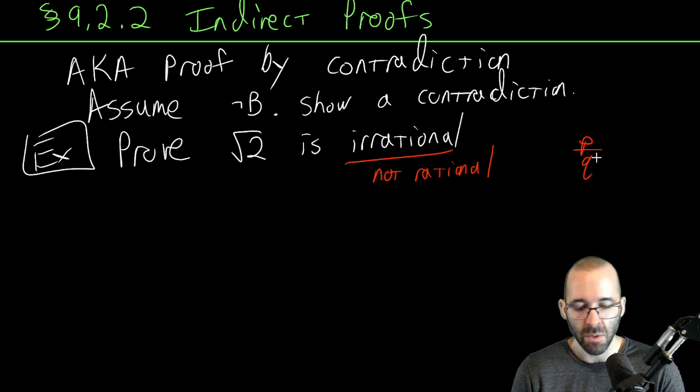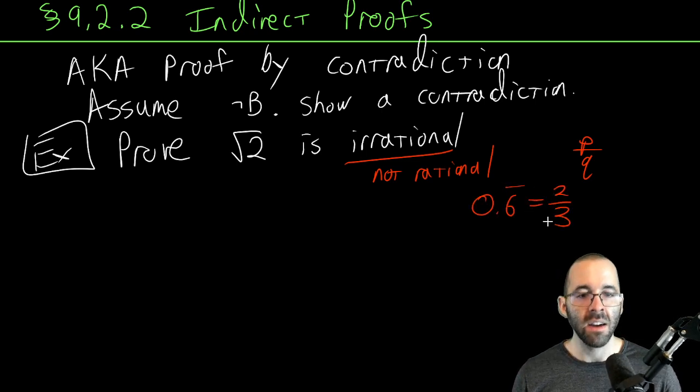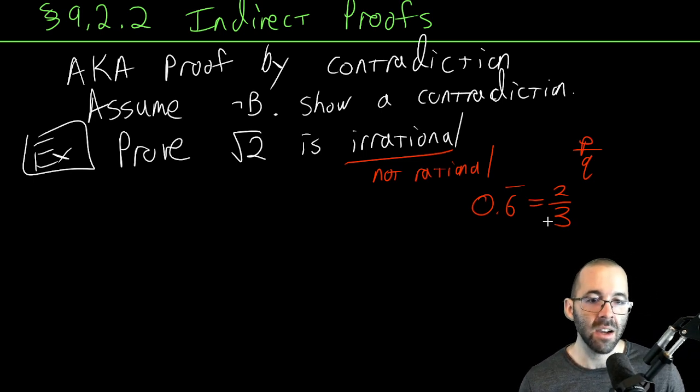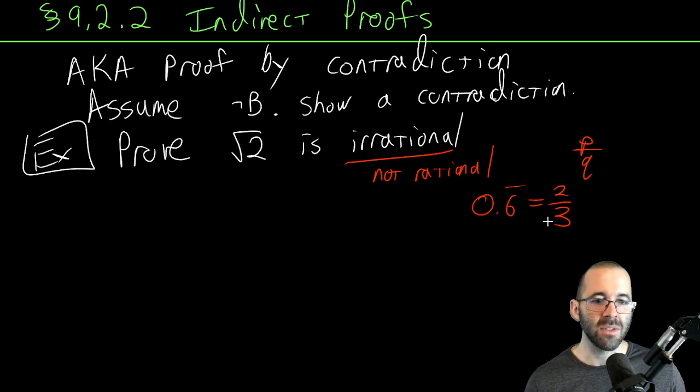So like 2/3 is a rational number, right? 0.6 repeating is a rational number because it can be written as 2/3. These are examples of rational numbers, okay? Pi is another thing that's not a rational number. Euler's number e is another number that's not a rational number. A lot of square roots can be irrational unless they're really nice square roots, okay?